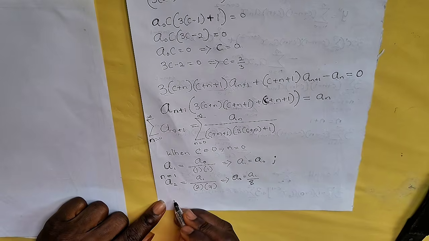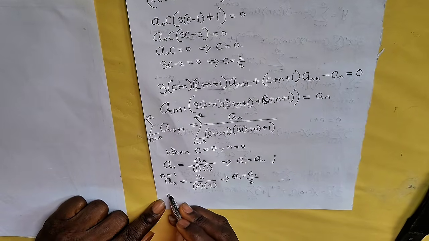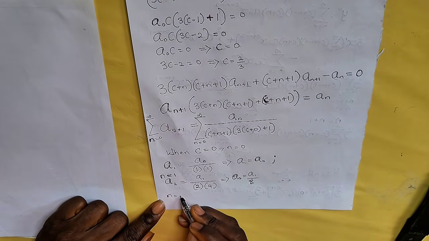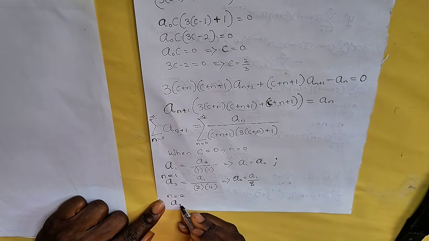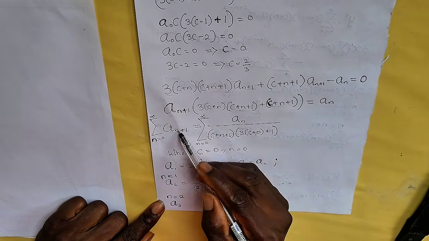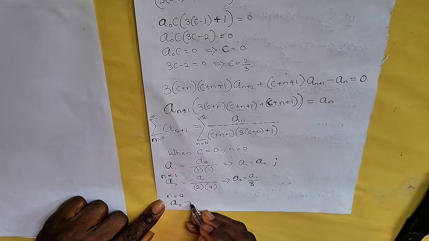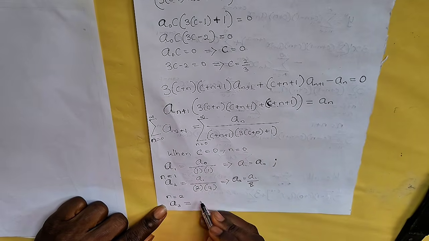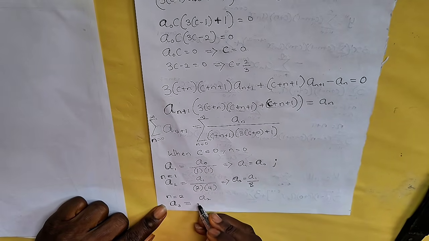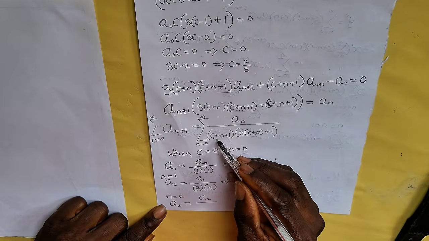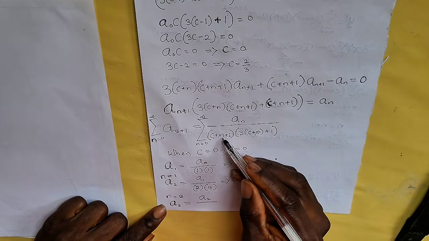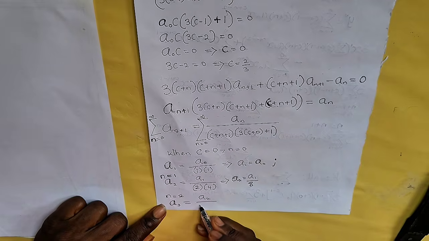Now, for when n is equal to 2, we're going to have a3, right? Because 2 plus 1. So then on this side, I'm going to have a2 over, I'm saying that n is 2 now. So 0 plus 2 plus 1, that's 3, right?